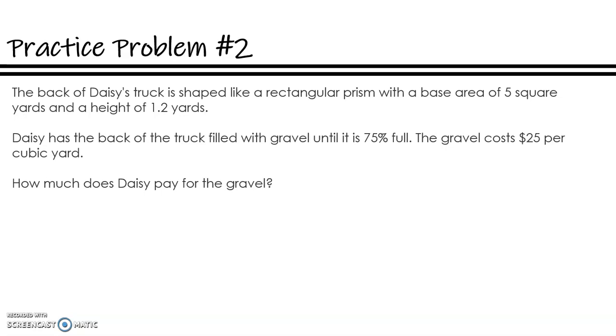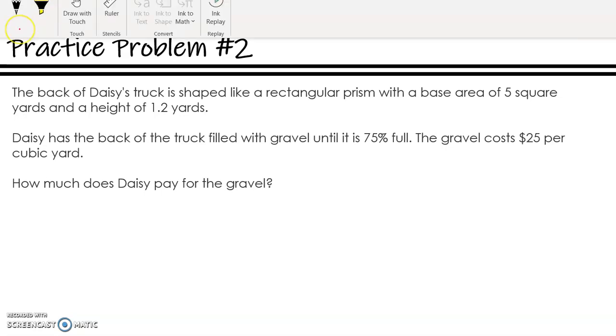So practice problem 2, again, I challenge you to pause the video and see if you can figure it out. So this says the back of Daisy's truck is shaped like a rectangular prism with a base area of 5 square yards and a height of 1.2 yards.